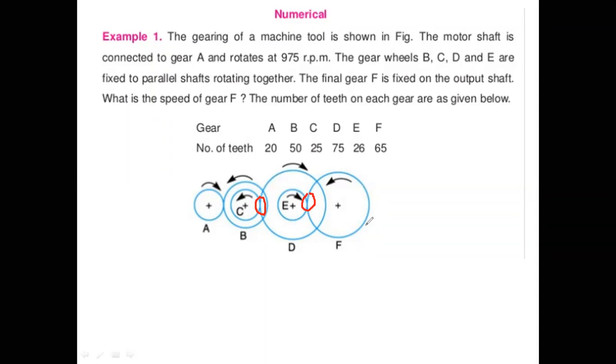Means if input is given to gear A in clockwise direction, output is obtained at gear F in the anti-clockwise direction. So we have to calculate the speed of gear F, given the number of teeth on gears A, B, C, D, E, F.